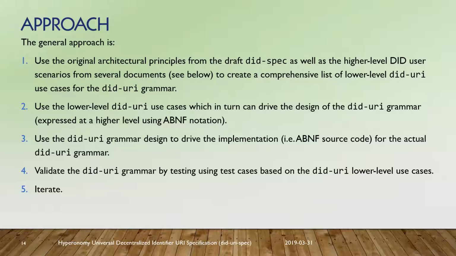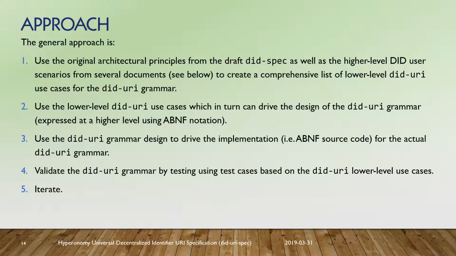We're missing the actual low level did URL use cases, the ones that you can actually run against a parser, automatically generated using the did URL grammar, and using the did URL use cases to drive the creation of the grammar and to drive the validation of the grammar.